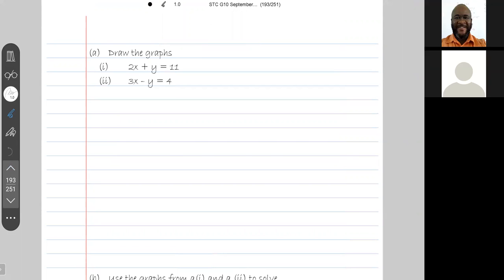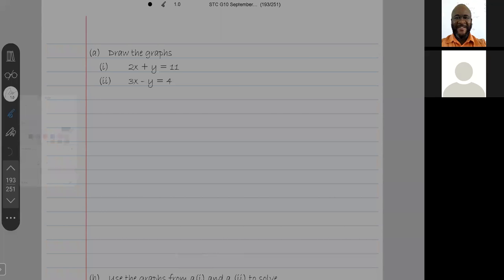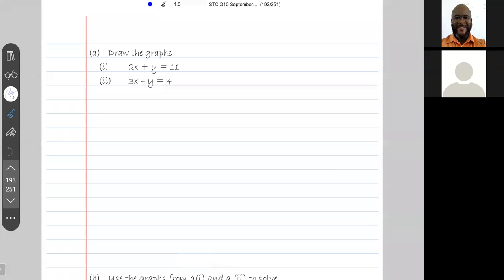So remember, to draw a straight line graph, you need 2 points. So let's take the first graph and get the 2 points. We have 2x plus y is equal to 11. So y is equal to minus 2x plus 11. I need two coordinates of points on this line in order to draw it.